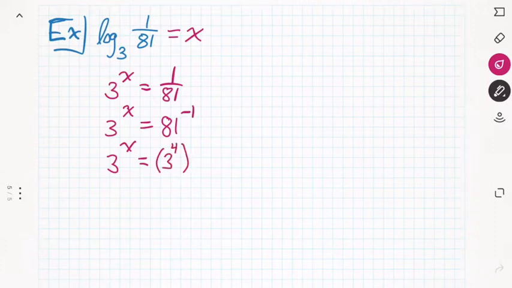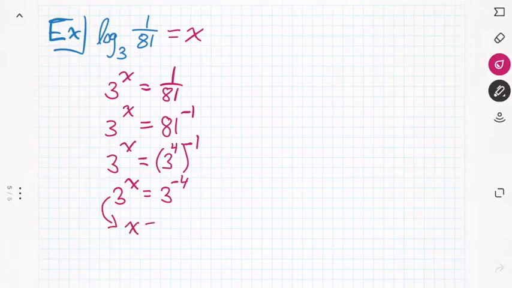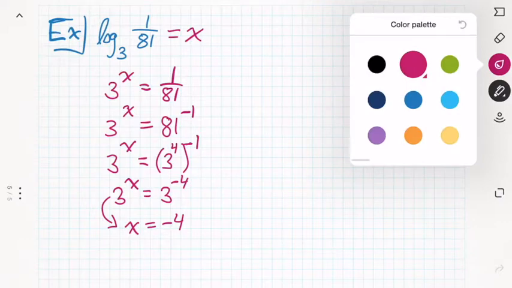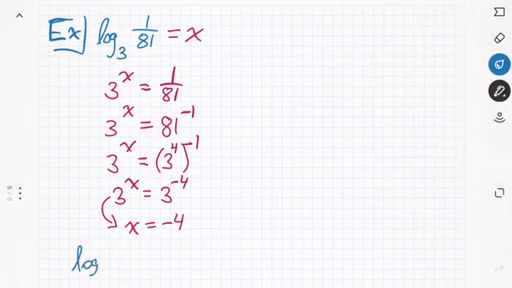It's 9 times 9, and 9 is 3 squared each. And that'll be raised to the negative 1. So you get 3 to the x is equal to 3 to the negative 4. So x, by chance, then has to equal negative 4. So we can go back to the original notation and write it as log base 3 of 1/81 must be equal to negative 4.